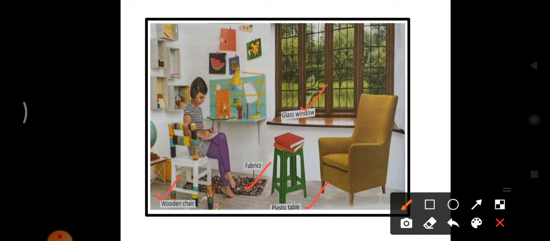So there are different types of materials. All these objects are made up of some common types of materials such as wood, plastic, fabric and glass. Now we are going to see some common types of materials.